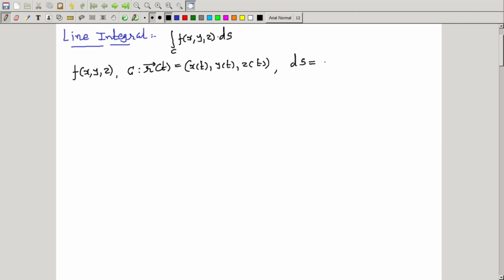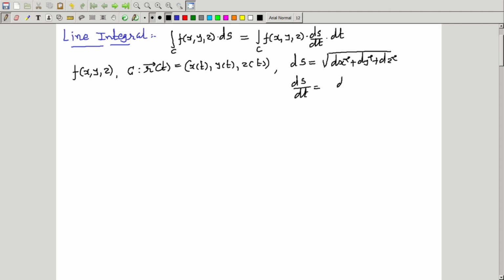What is ds? ds is nothing but square root of dx square plus dy square plus dz square. Right? And the evaluation of this quantity, we represent this as f of xyz into ds by dt.